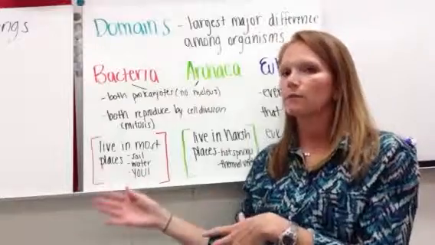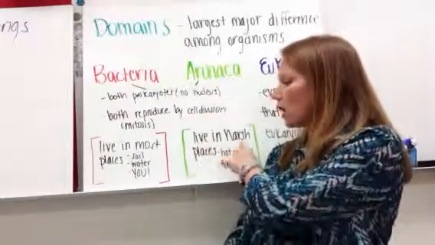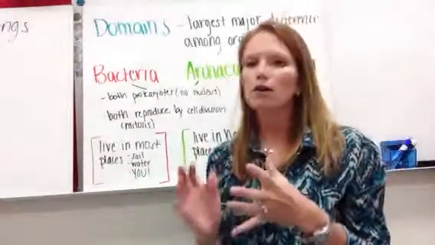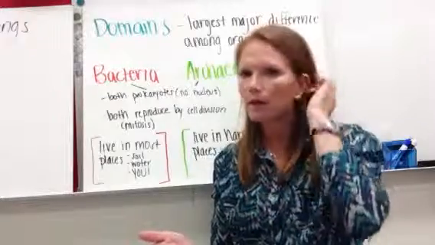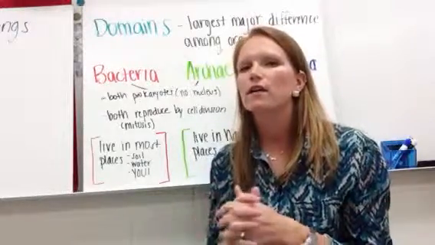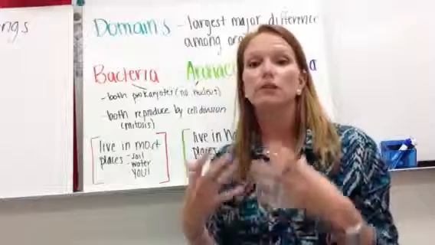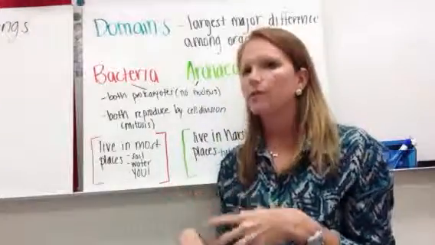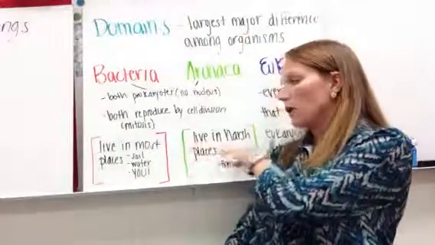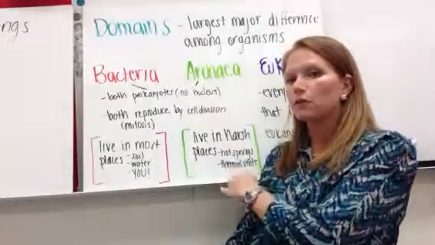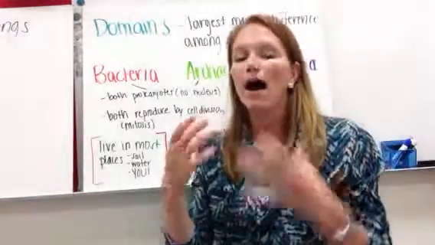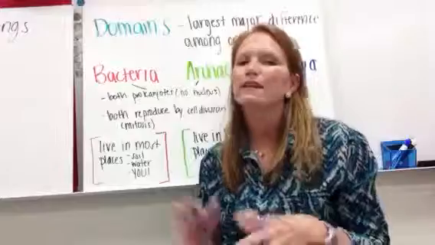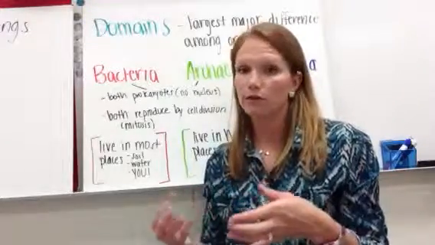And archaea are different from bacteria because archaea live in harsh places. So this word harsh, you may not 100% know what that means. Harsh is the science term for super difficult. And when I say difficult, for example, some harsh places that they would live are hot springs or thermal vents. Now, a hot spring is not just warm, it's not like a jacuzzi, it is hundreds of degrees.